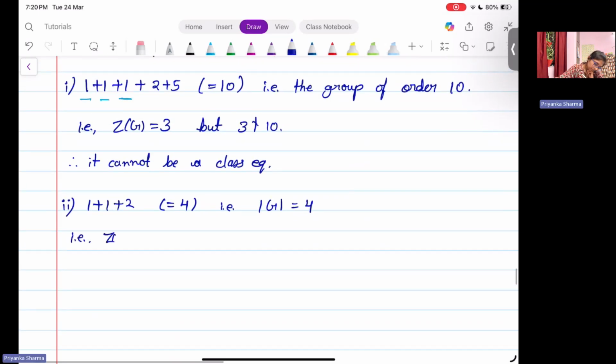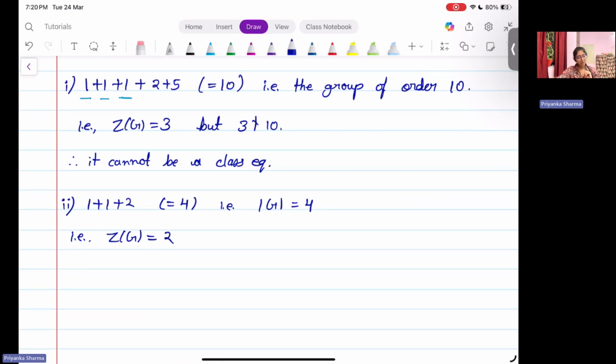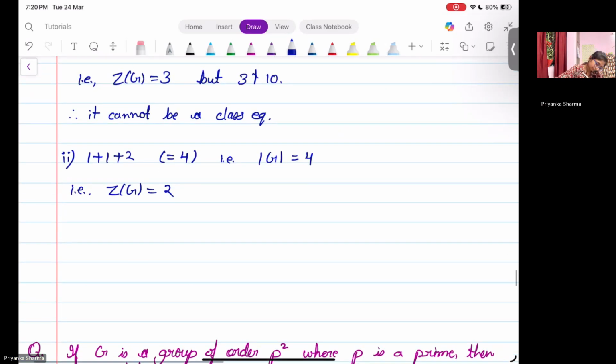It means the center of G is 2, this 1 plus 1. So actually, Lagrange's theorem is satisfied, but we know that all groups of order 4 are abelian.